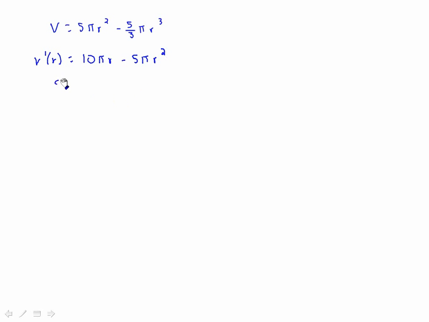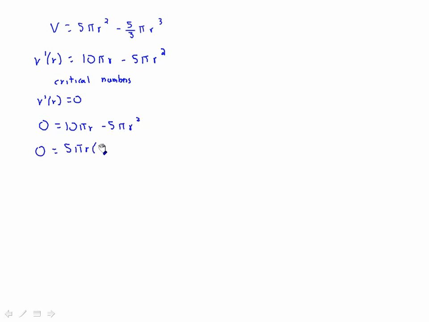Critical numbers. Once again, we don't have to worry about this not existing. There's no denominator or radical or anything like that. So we just set it to 0. And that's 10 pi r minus 5 pi r squared. Solve this one pretty neatly by taking out a common factor of 5 pi r.